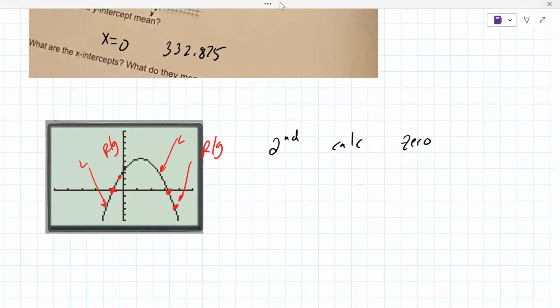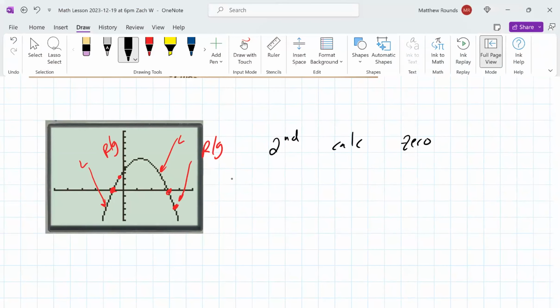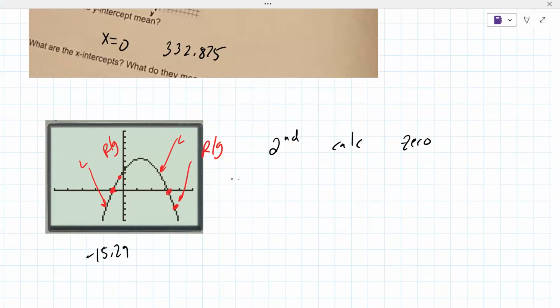So x equals negative 15.29, negative 15.29, and then second calc zero, left bound would be 64.20. Give me one more time. 64.20. Okay, all right.